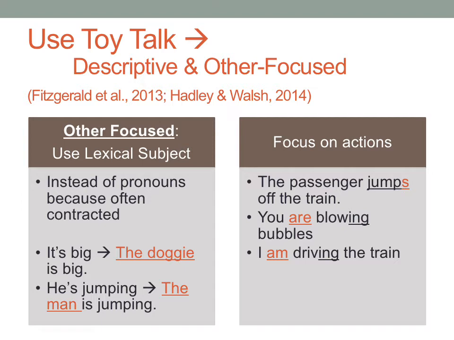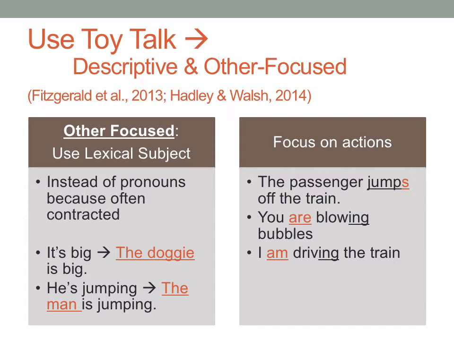Another feature of toy talk is that it's other focused in the use of lexical subjects. So instead of using pronouns, we're focusing on the use of the actual lexical name. So pronouns lend themselves very easily to contracted forms.